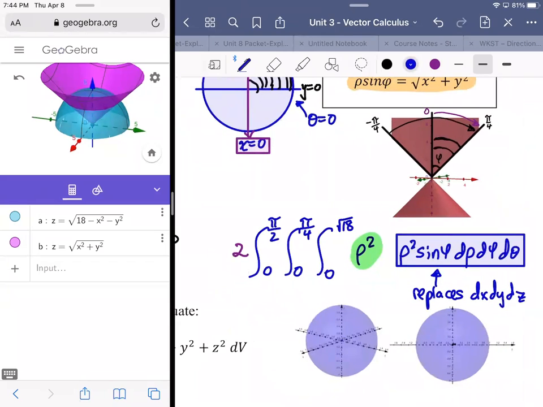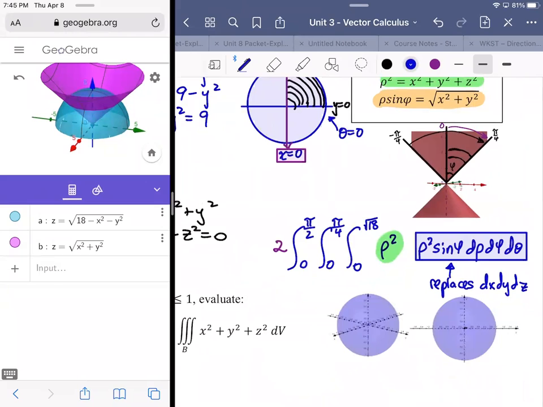Now, it could have been a case where we went from negative pi over 4 to pi over 4, but if we have to do it by hand, it's nice to have lower bounds equal to 0. That's the only reason I made that decision. Let me just make sure of something conceptually. Oh, no, we don't need the 2. Just realized it.